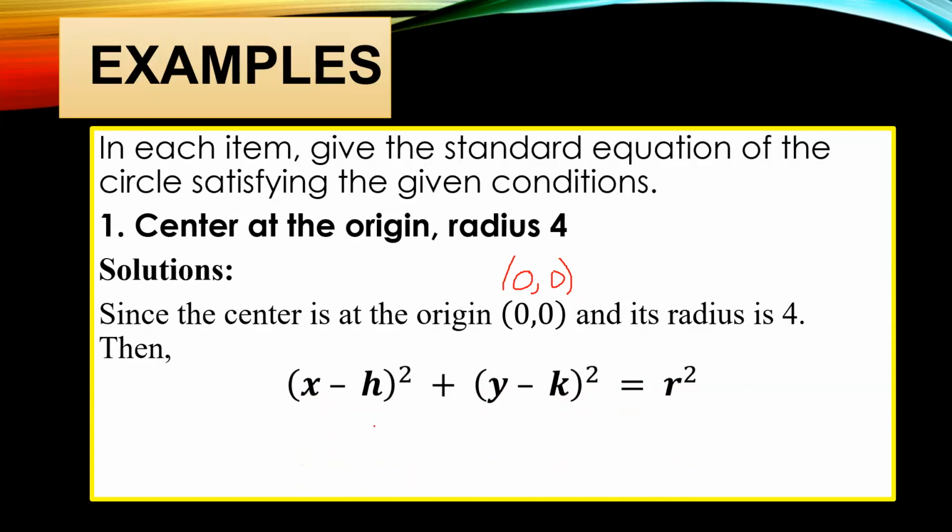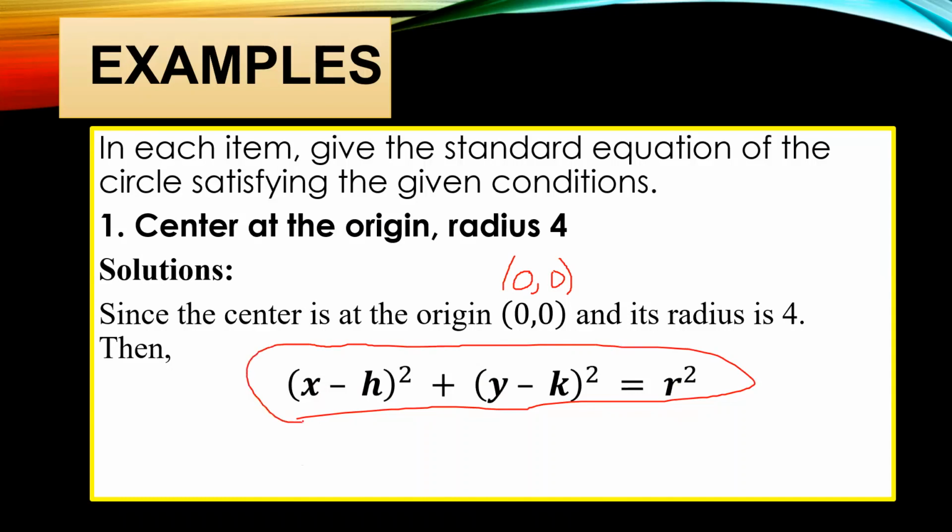So again, this is the standard form of the equation of a circle: x minus h squared plus y minus k squared is equal to r squared. From the given definition, this is h and this is k.